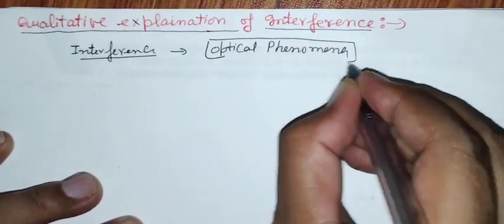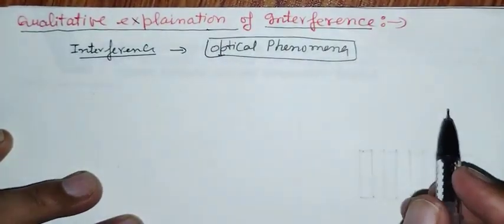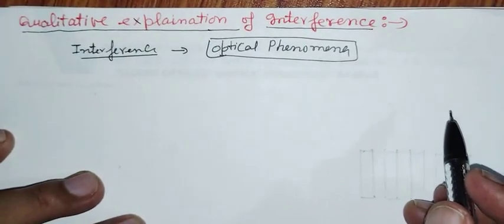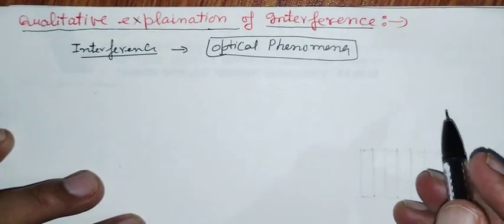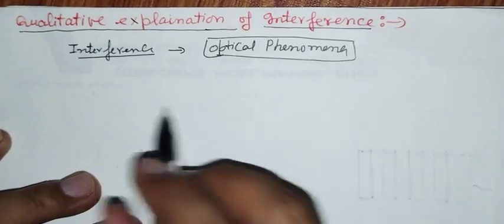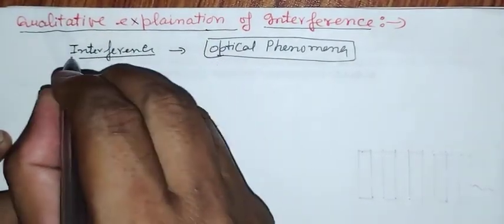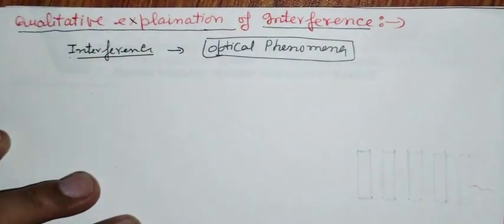This optical phenomenon is the same as the other phenomena: reflection, refraction, diffraction, polarization. Same like that, interference is a phenomenon of light.